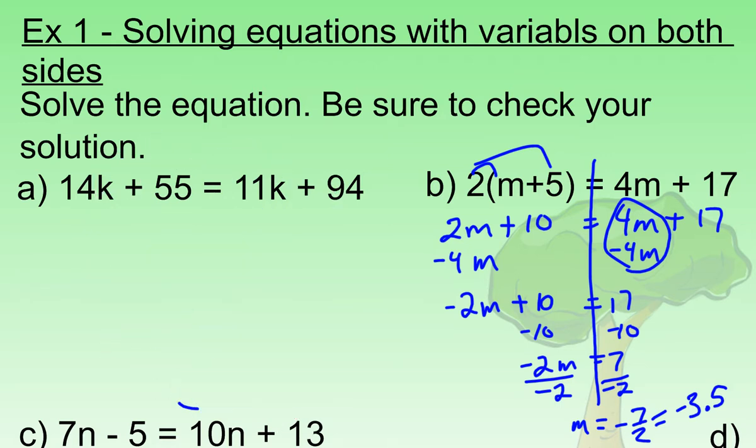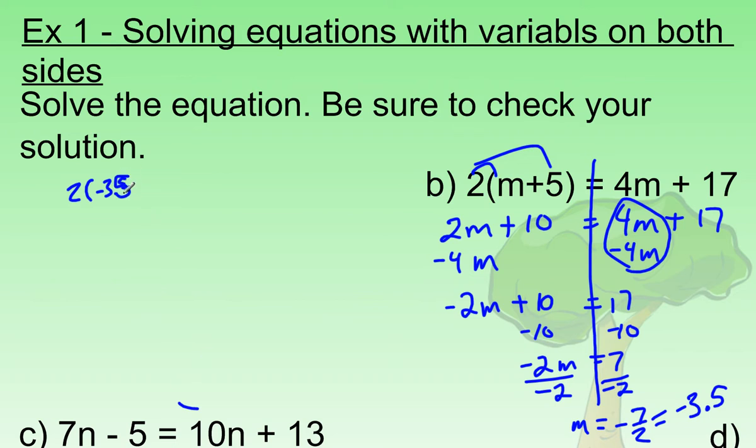Let's check. I don't need to, but let's see. 2 times negative 3.5. Ooh, missed my plus sign. Plus 5 equals 4 times negative 3.5 plus 17.